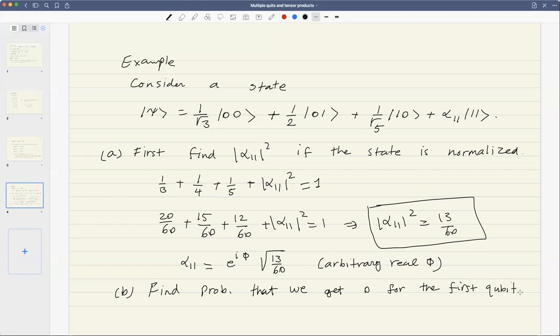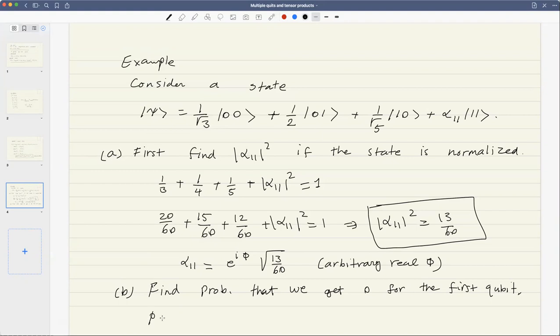So how are we going to get 0 for the first one? Well, when you perform a measurement on both, we have 4 possibilities. We find 0, 0, we find 0, 1, we find 1, 0, and we find 1, 1. Of all those possible outcomes, 0, 0 and 0, 1 have 0 for the first qubit, and then 1, 0 and 1, 1 have 1 for the first qubit.